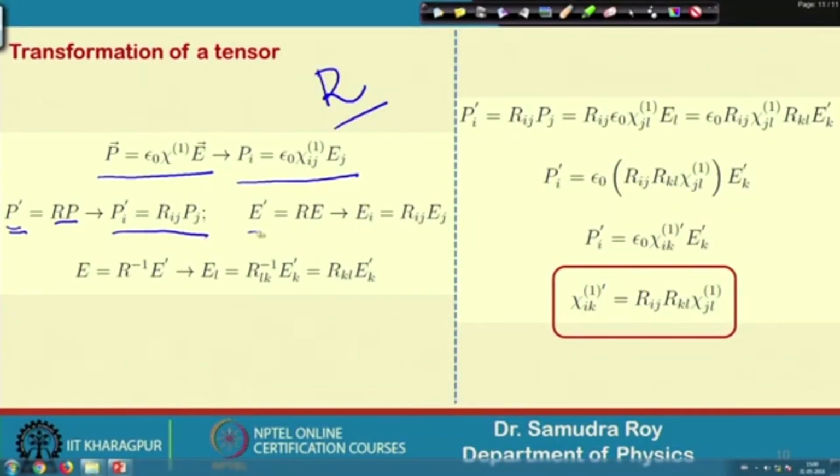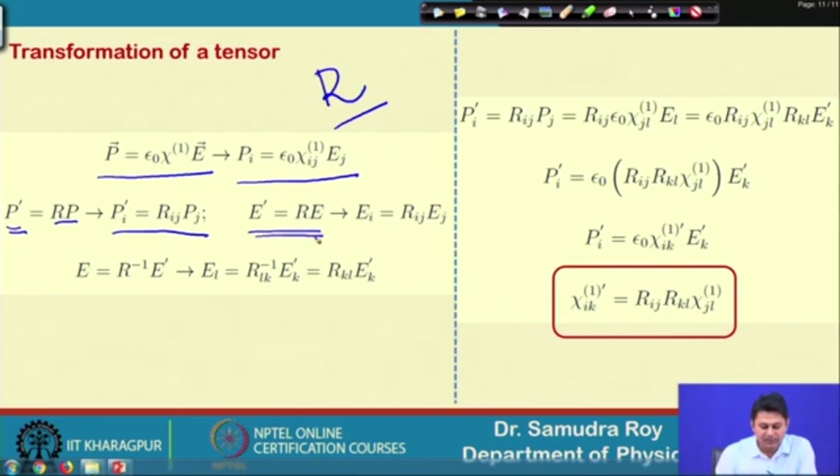Next, the electric field E is also going to change, and the electric field is a vector, so its components will change in a similar way. E can be represented as R inverse E prime, because if I take the inverse on both sides, this will be the case. Then the E_l component can be represented in terms of the E_k prime component like this.